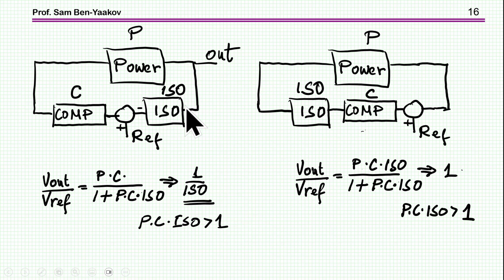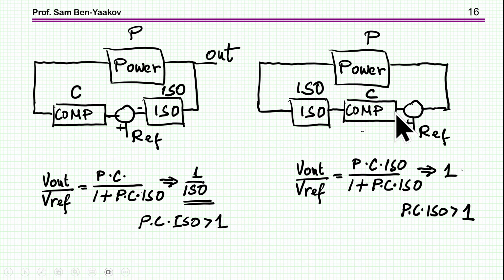So if the isolator is perfect, no problem at all, then you are fine. But if you have any problem with the isolator, some error or temperature dependent, in general I'm speaking, then you are in bad shape because you are not tracking the reference with the output. You are tracking the reference plus the isolator.